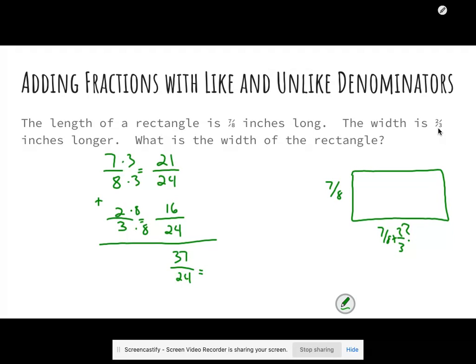Now, making that into a mixed number, I know it's going to go in there one time with 13/24 left over, and that would be my final answer. And labeling it, we would put inches. And that's adding fractions with like and unlike denominators, which is what you're going to see on your assignment today.